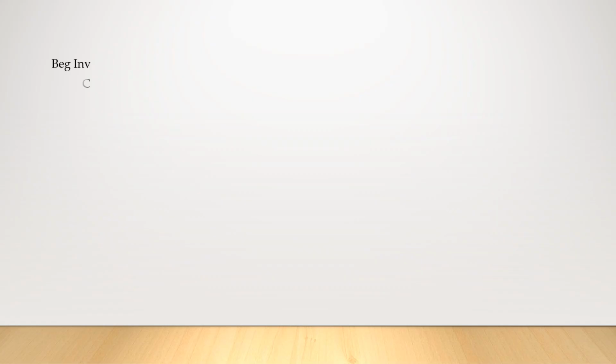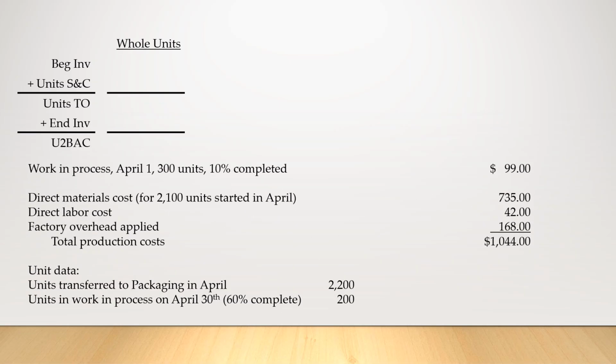First, calculate whole units to be assigned costs. Inventory on April 1st is 300 units. That's our beginning inventory. We have our units started, 2,100 units, units transferred, 2,200 units, and work in process on April 30th, 200 units. Those 200 units are our ending inventory.